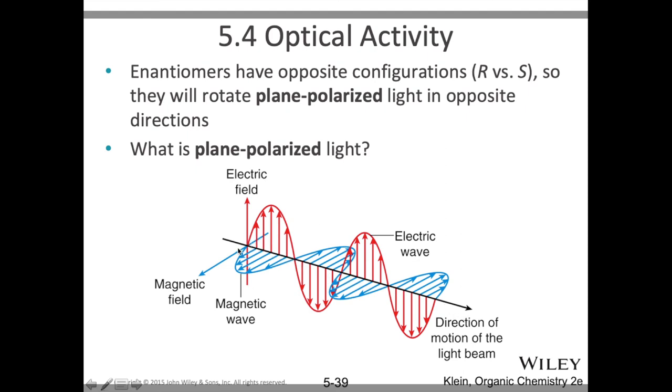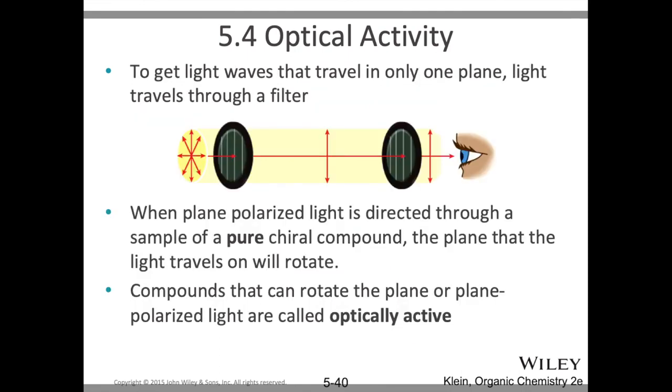Okay, so if we can sort of force the light to only go one way, or rather we can filter it so that only the light going the way that we want it oriented gets through, we call that plane polarized light.